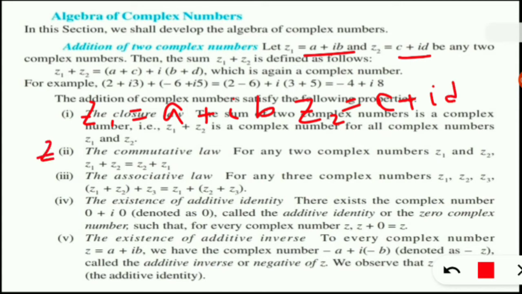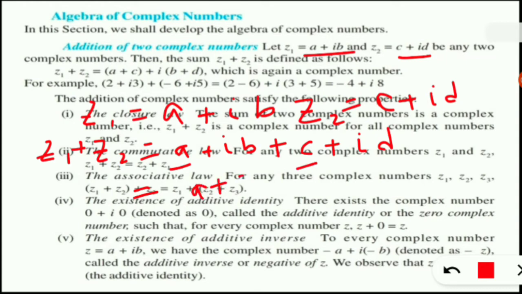So z1 plus z2 equals a plus ib plus c plus id. So here the real parts a and c, that means (a plus c) in bracket, plus if we take i common, then (b plus d).